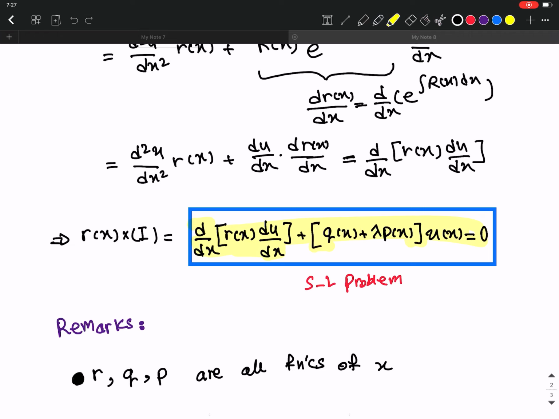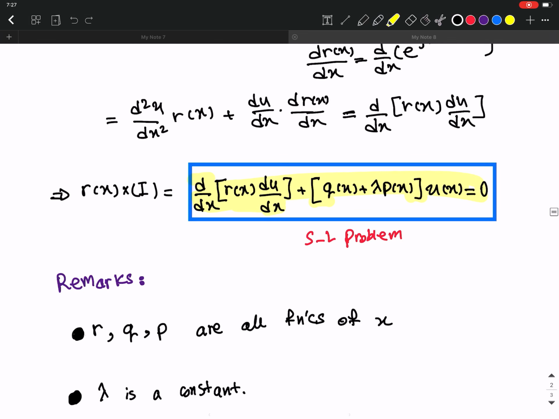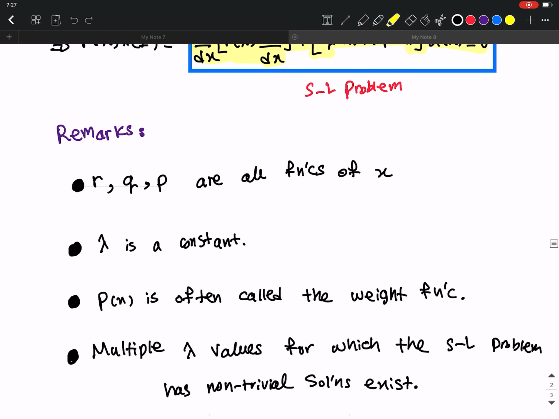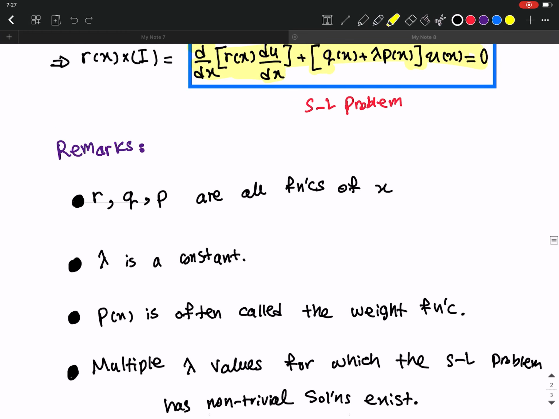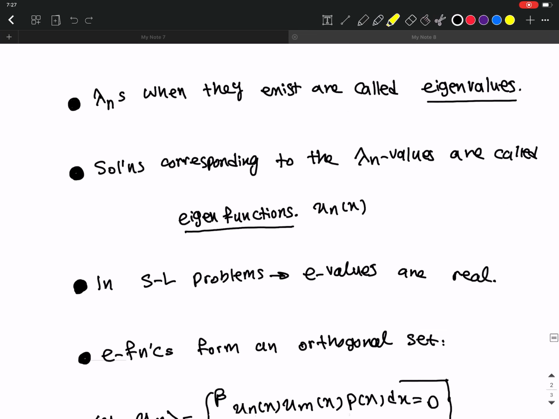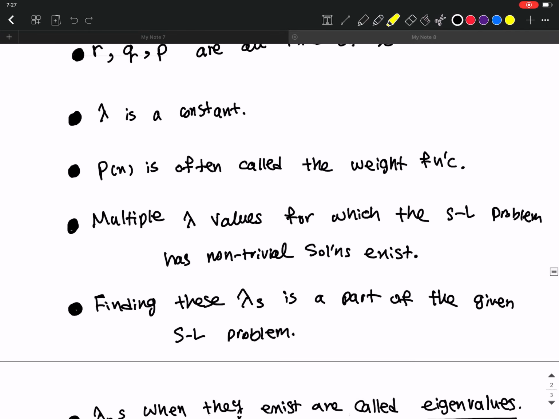So we reduce this into the common form of the Sturm-Liouville problem, which is shown here. And then I made some remarks about this Sturm-Liouville problem. For example, we said that lambda is a constant, and we can have multiple lambdas for which a non-trivial solution exists, and these lambda n's are called eigenvalues. And finding these lambda values is part of the given Sturm-Liouville problem.